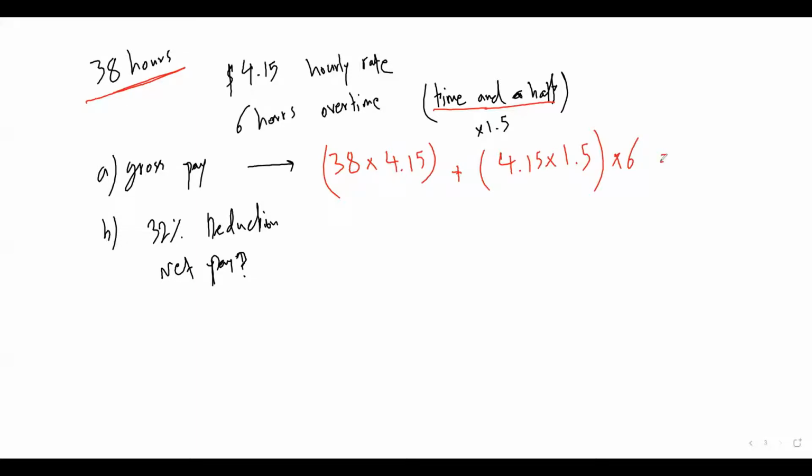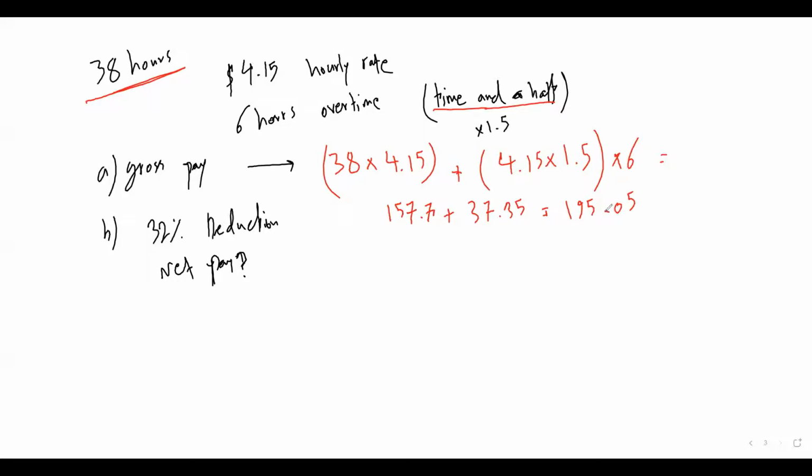So you do the calculation, you get the final answer, 157.70 for the basic pay. And for the overtime, we get 37.35, which if I add them together, at the end I get 195.05, right? So that's the gross pay.